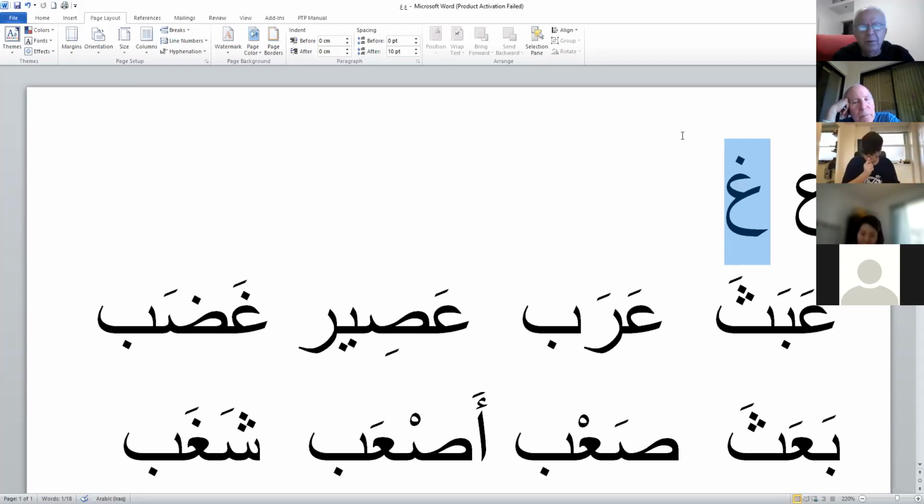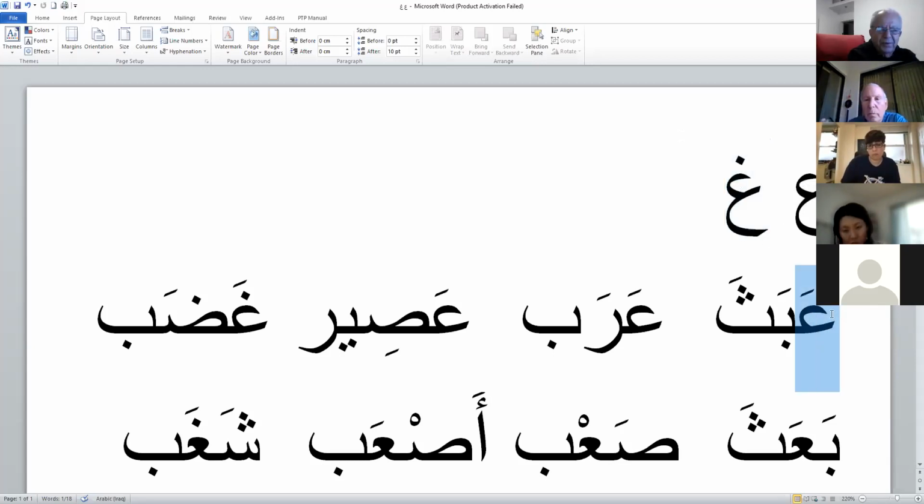Now look at the way it is written. You see this part is like an open mouth. Try to think about it like it's an open mouth. That's the way it looks when it's free. When it is at the beginning of a word, the lower part is cut.